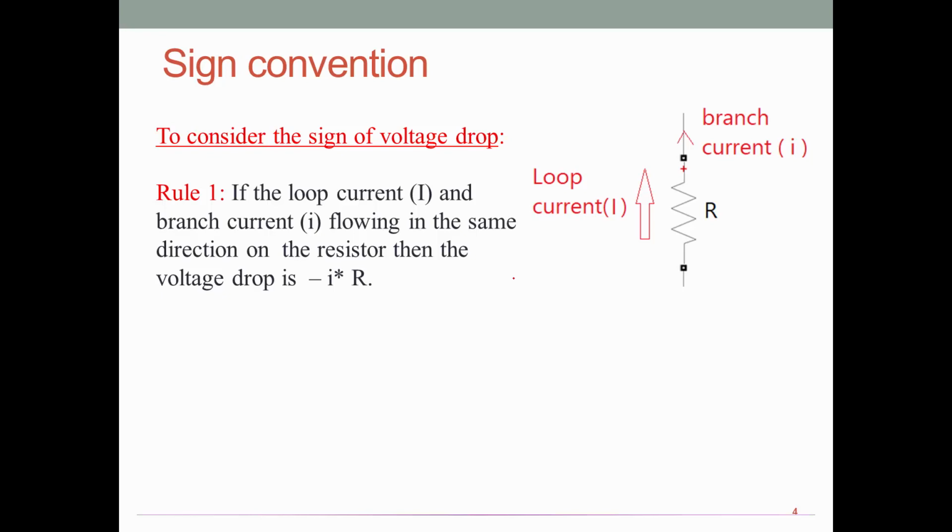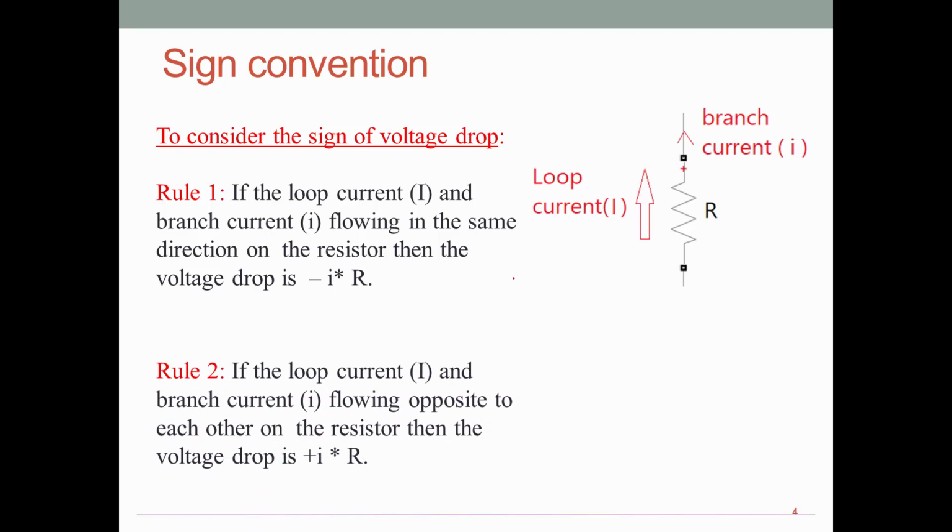That is the voltage drop across the resistor. Rule number 2: if the loop current and branch current are flowing opposite to each other on the resistor, then the voltage drop is plus I into R. Once again, I am taking the same resistor, branch current moves upwards. Now the loop current is downwards, acting opposite to the branch current. If this is the case, then we have to consider plus branch current into resistor. That is the voltage drop across the resistor.